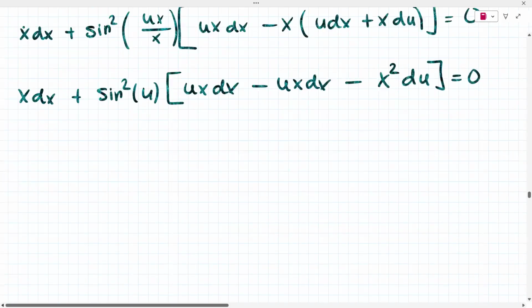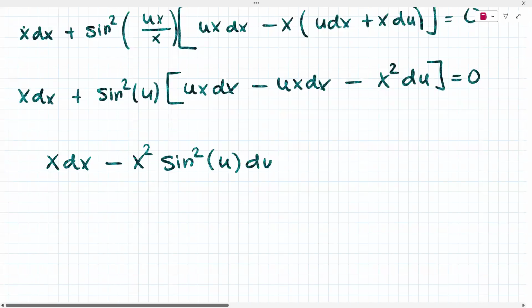And then you get x dx minus x squared sine square of u du equals 0. Then what you would do is separate, so get all the du's and dx on one side.